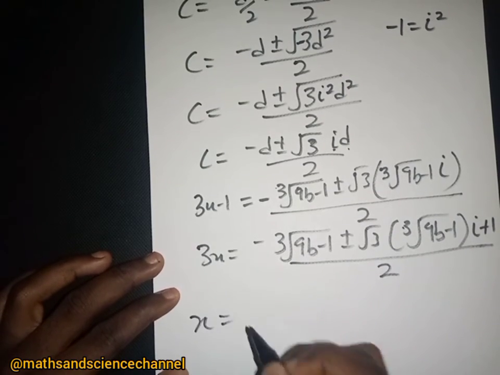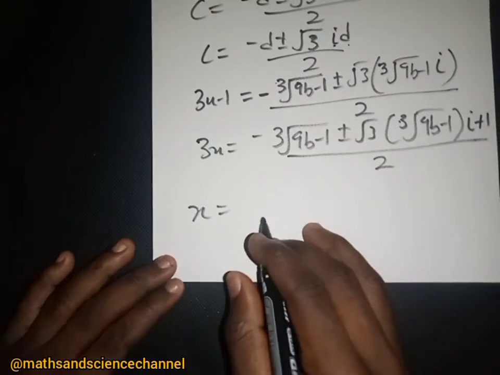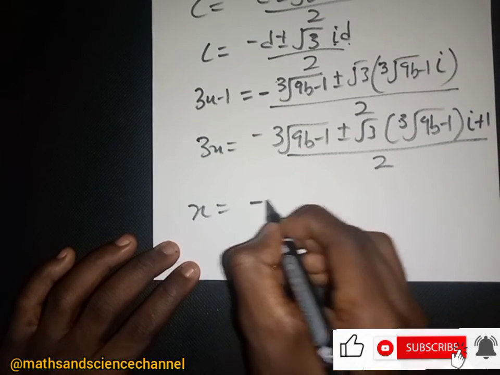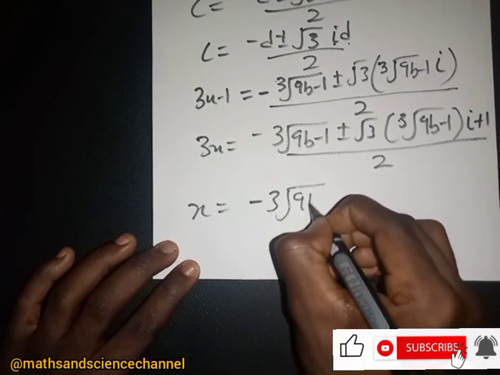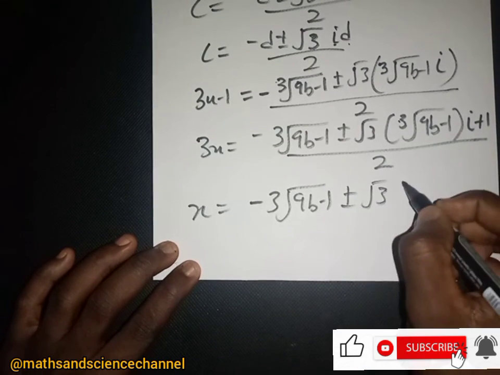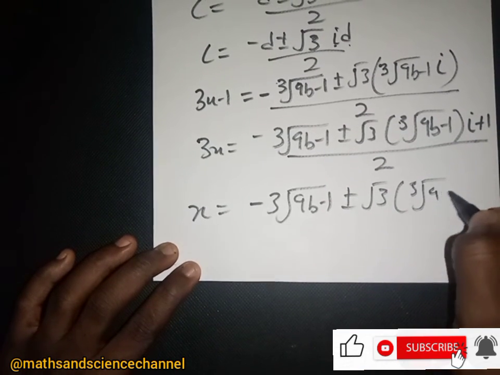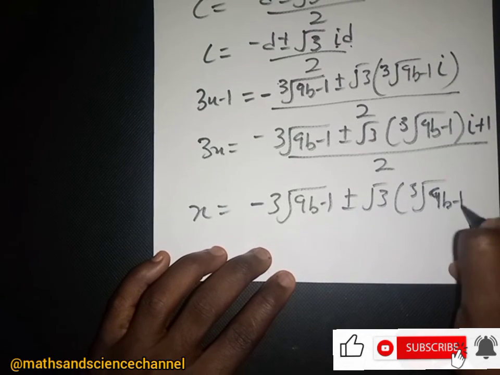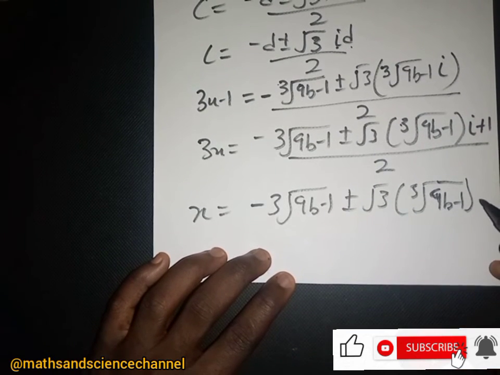So at the end of the day we just have this being 3 square root of 9b minus 1 here, then plus or minus 3 cube root of 9b minus 1 here, right?